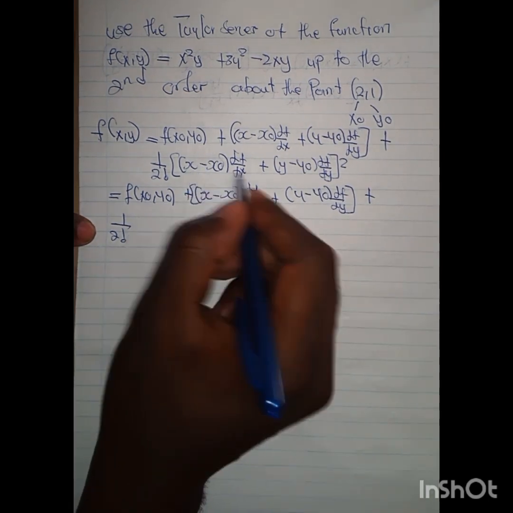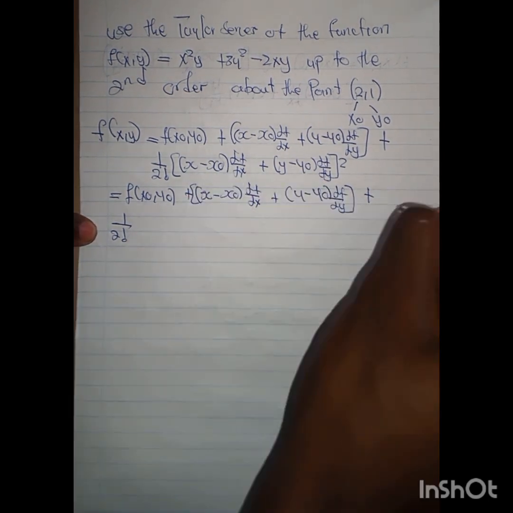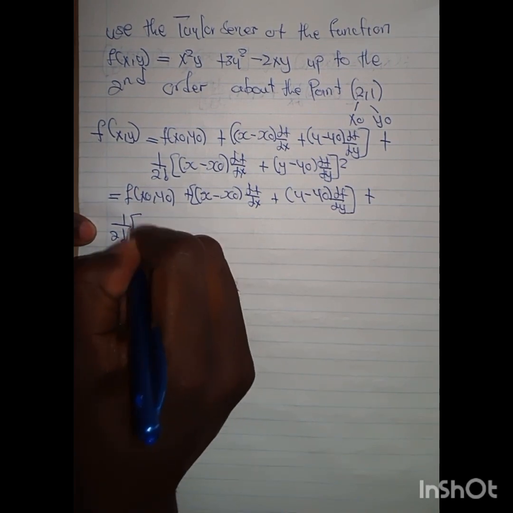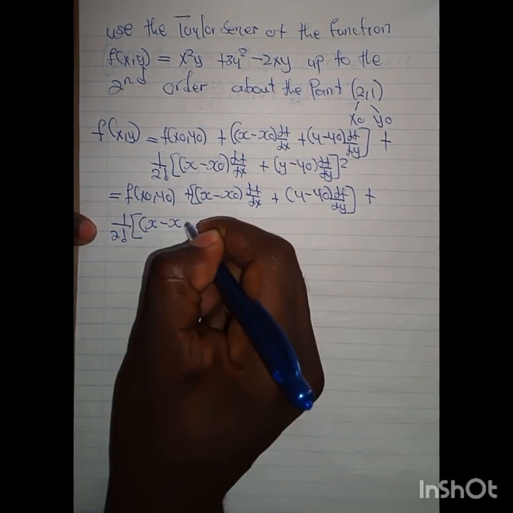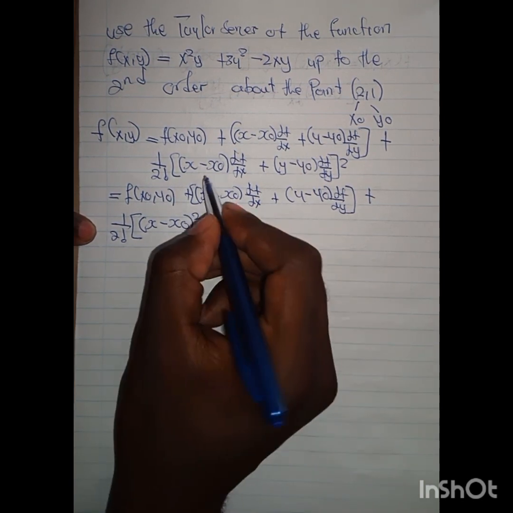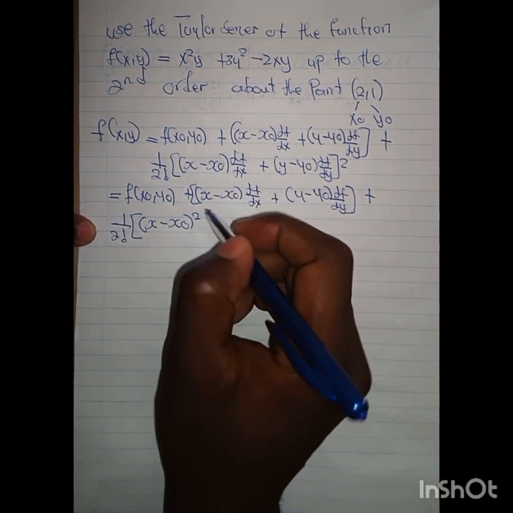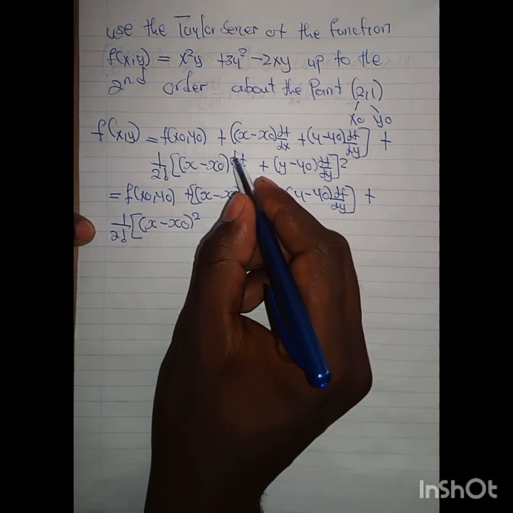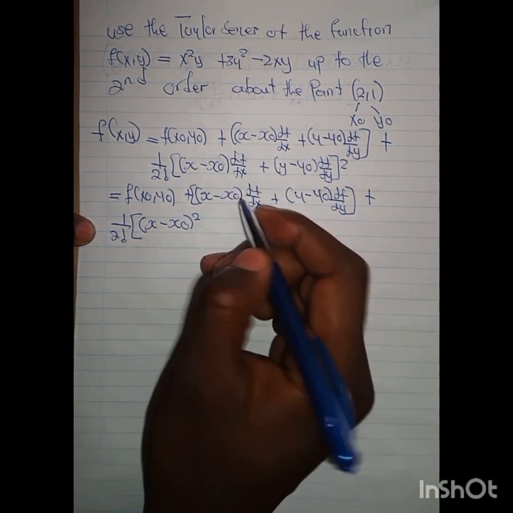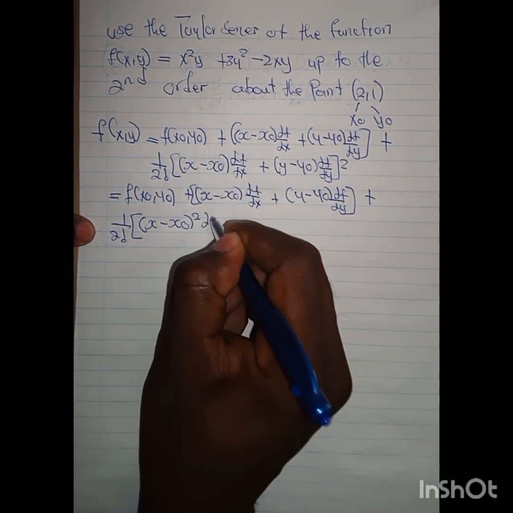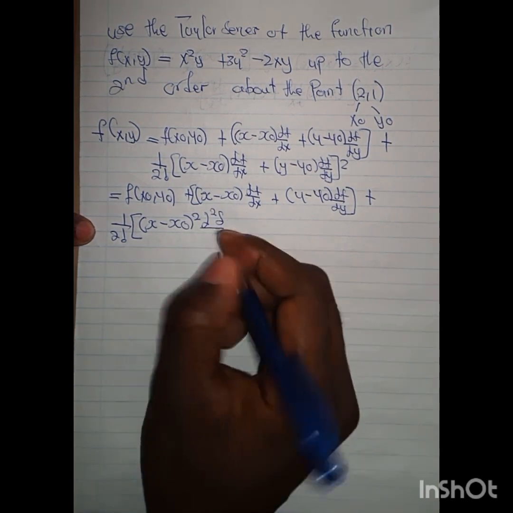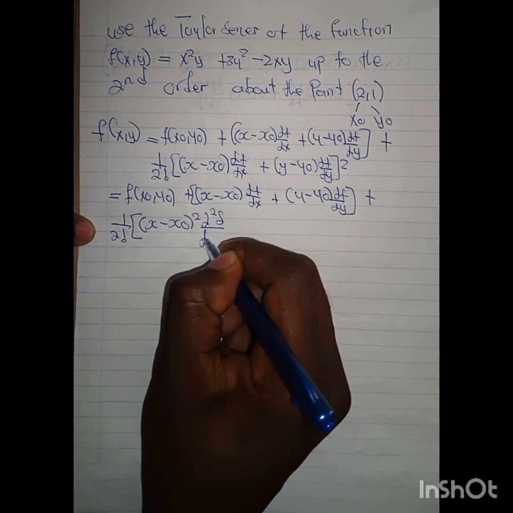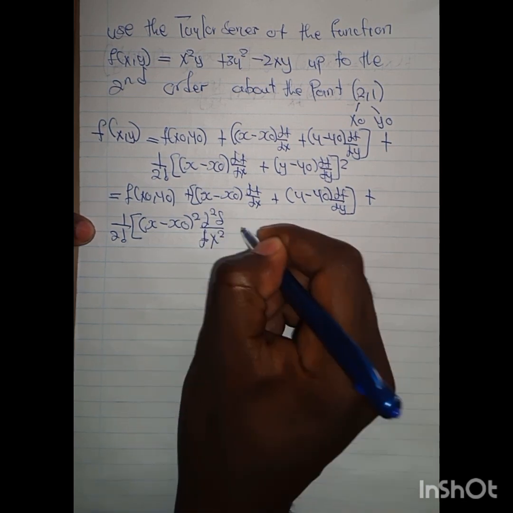Then we have x minus x naught squared because we multiply by the same base, then we add the exponent, and also this part has to be squared. So it means we have the second derivative of f with respect to x, so this must be d squared f over dx squared.